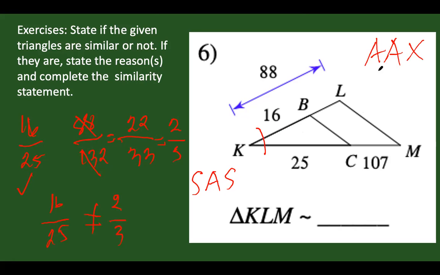And if AA cannot be used, therefore AAA can never be used as well in this problem. And also SSS, we already identified that the two pairs of corresponding sides are not proportional. So therefore these two triangles are not similar. Okay, all right. So we cannot use any of them.